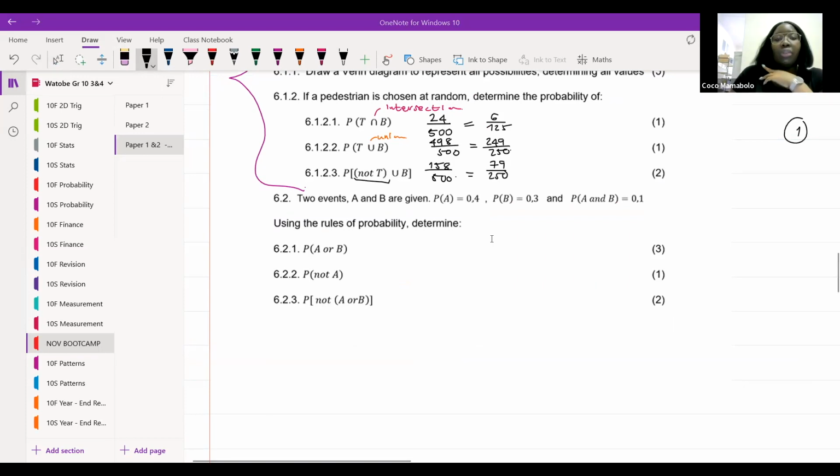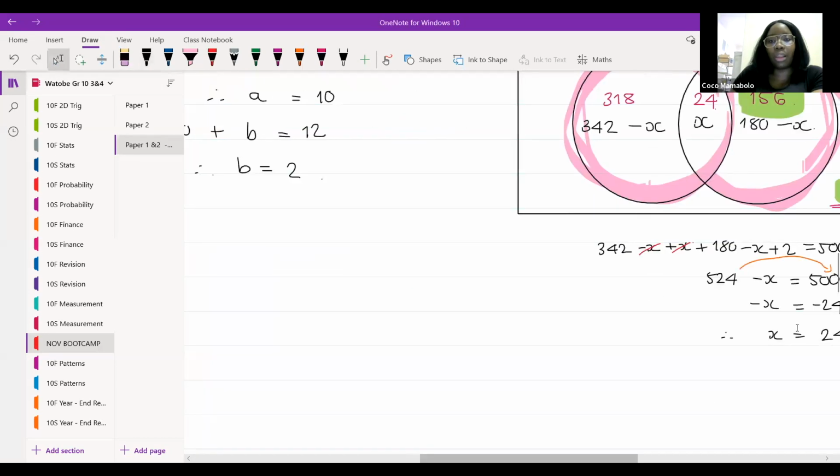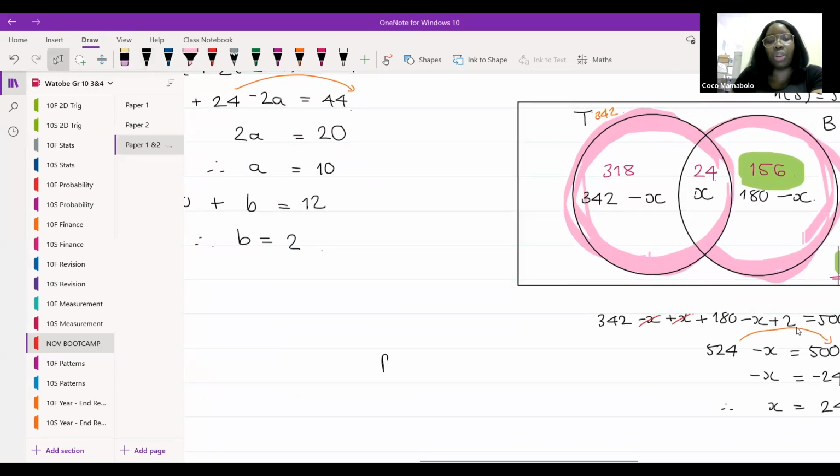No, Nico. Think about this, Nico. If they said to you, what is the probability? We're looking for the probability of not T. What is there that is not in T? The thing that's not going to be in T is B, the whole of B, and the 2 on the outside.